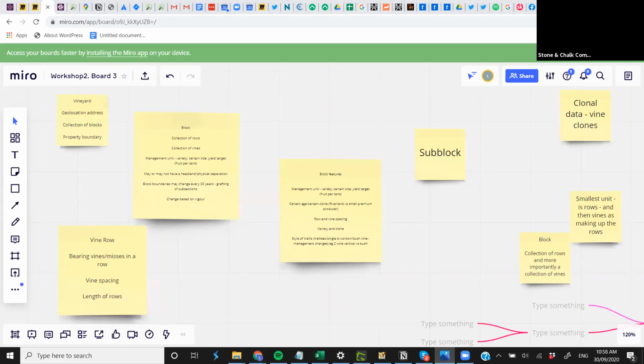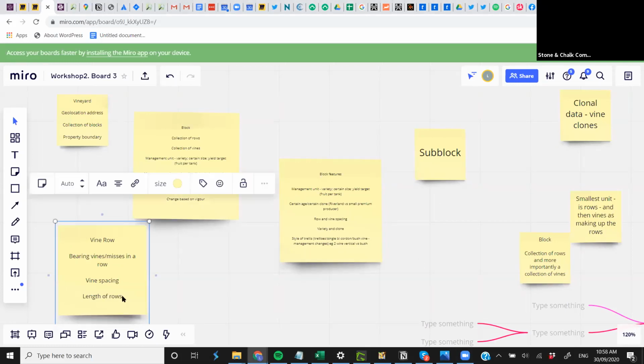You may also want an orientation of the vine row, and you may also want to indicate which is the primary end you start measuring things from, often where the road is accessed.